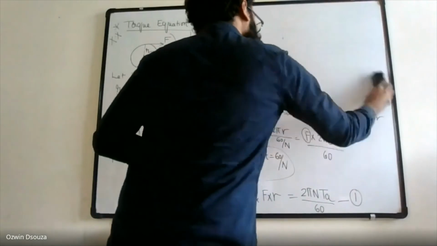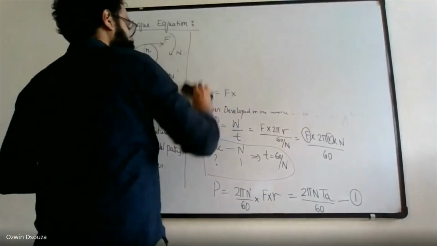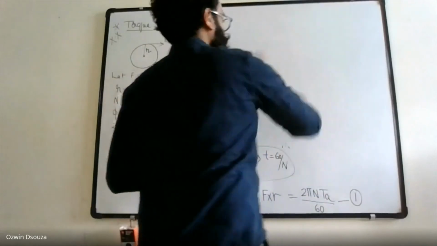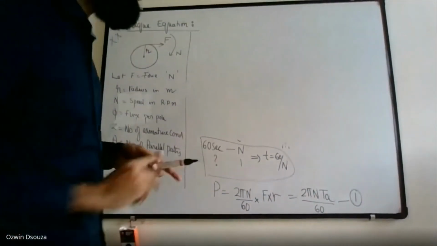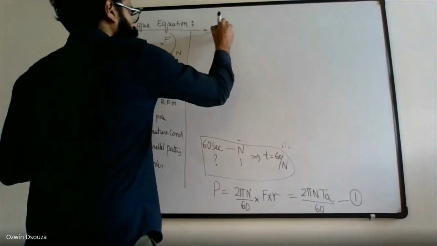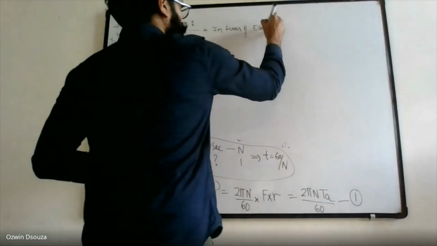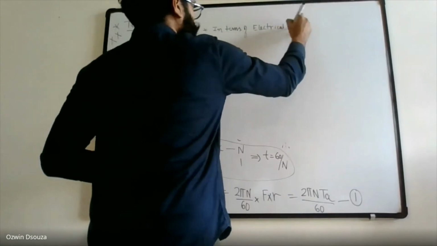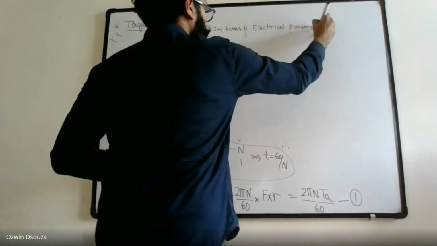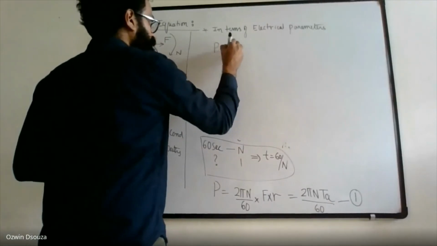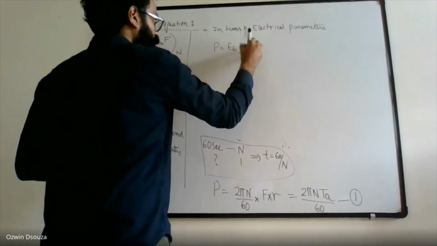Okay. Now, expression for power can also be written in terms of electrical parameters. You can write power P is equal to EB into IA, right?